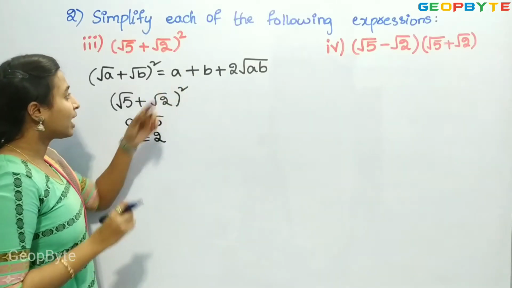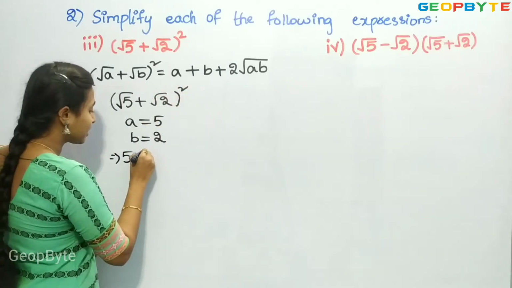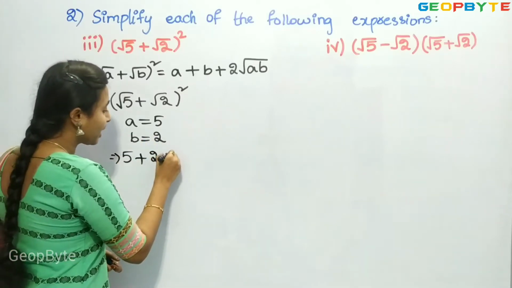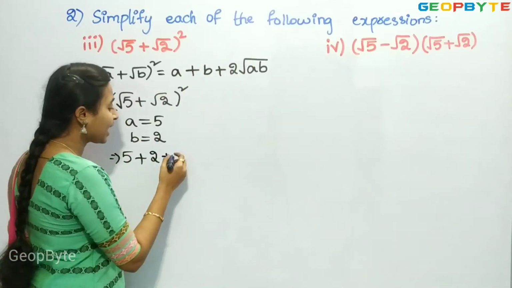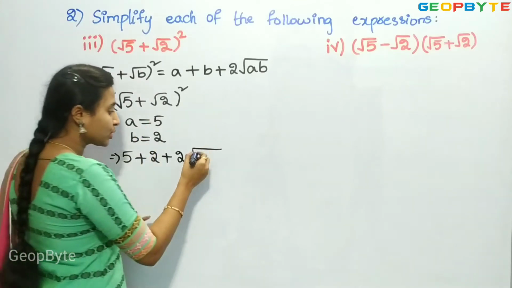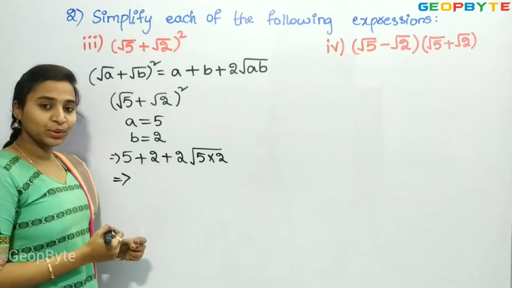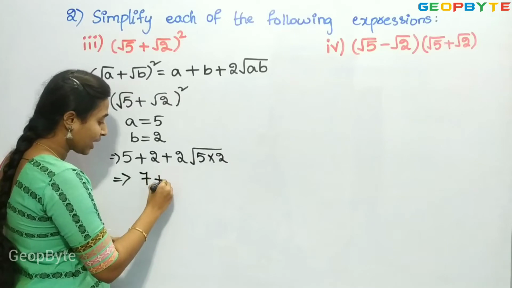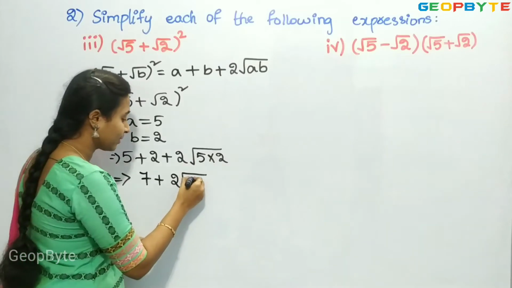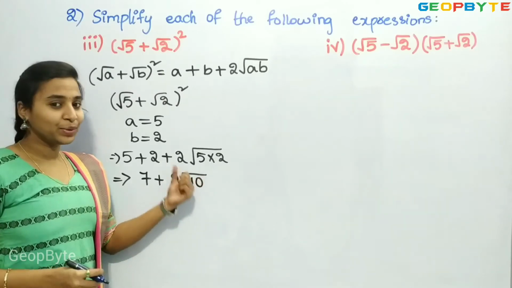We have a as 5, so let us write 5 plus b, b is nothing but 2, plus we have 2 under root ab. 2 under root ab means 5 into 2. Now let us simplify. 5 plus 2 is nothing but 7, plus we have 2 under root, 5 2s are 10. So we got 7 plus 2 under root 10.